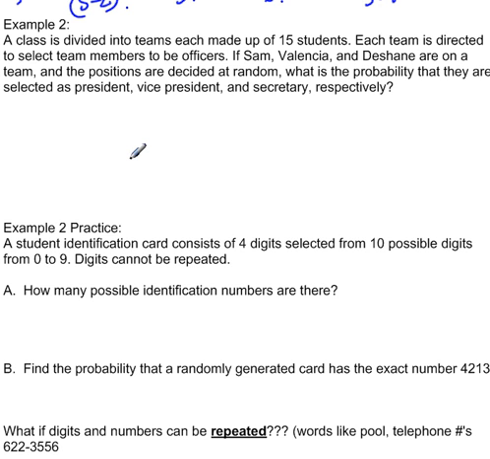It says a class is divided into teams, and each team is made up of 15 people, and Sam and Valencia and Deshane are all on the team, but they want to be president, vice president, and secretary in that order. So again, if we're talking about permutations, we're talking about arranging people in a certain order.